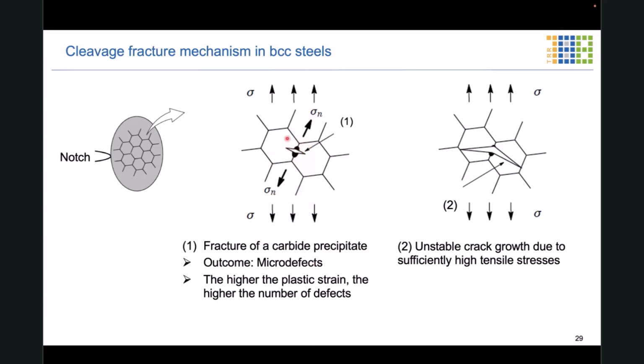Outcome is micro defects. We also observe that the higher the local plastic strain, the higher the number of defects will be. But if then the applied tensile stress is sufficiently high, we run into phase 2, which is the unstable crack growth due to sufficiently high tensile stresses.